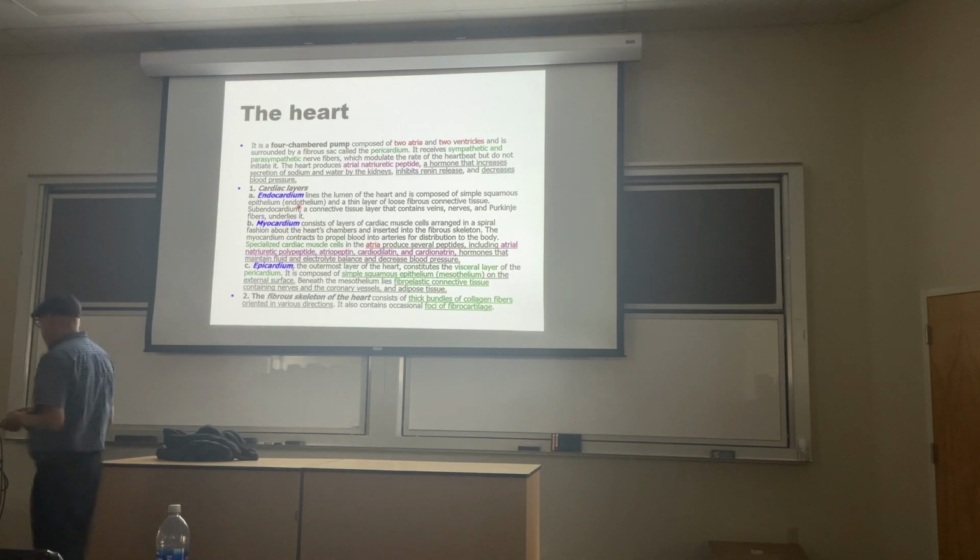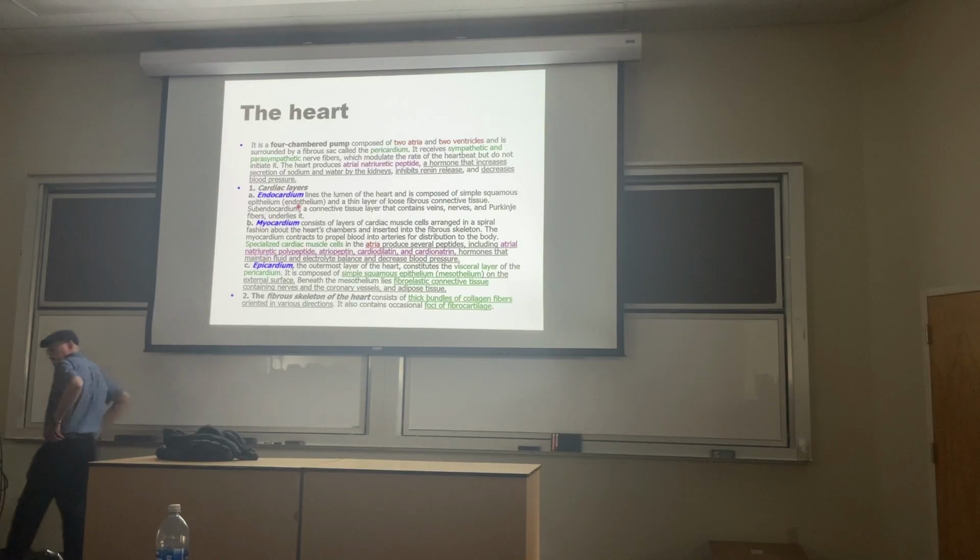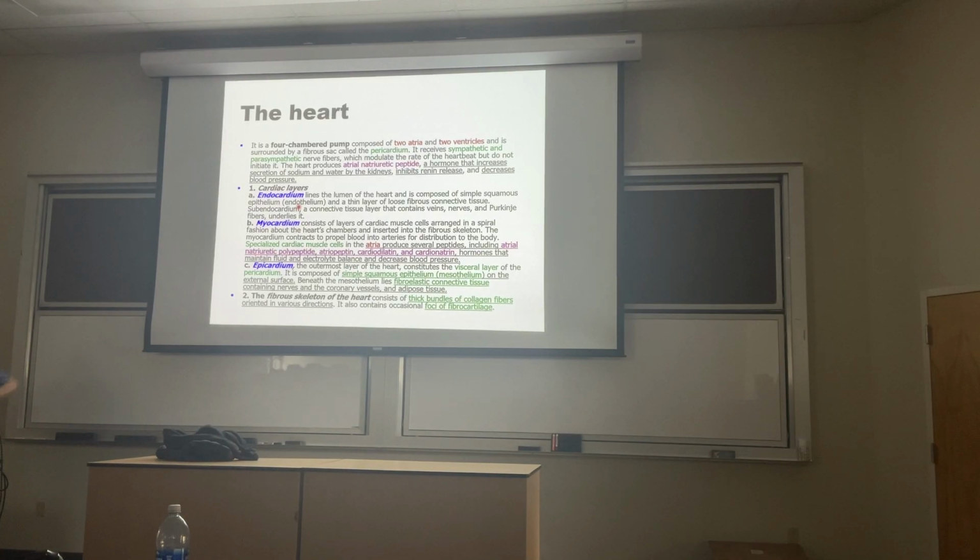We'll also have generally some connective tissue in the endocardium, and sometimes even some smooth muscle, some Purkinje fibers, which are conduction fibers, modified nerves, if you will. And that's the endocardium.